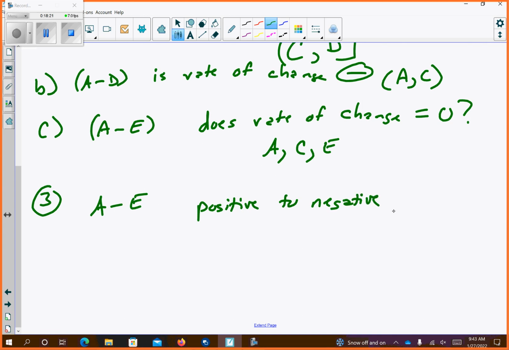Okay, so we're going from A to E. So from A to C, we have negative. From C to E, we have positive slope. Okay, it's rounded brackets at the A and the C and the E because those points are exactly 0.